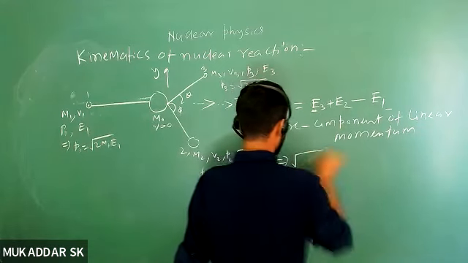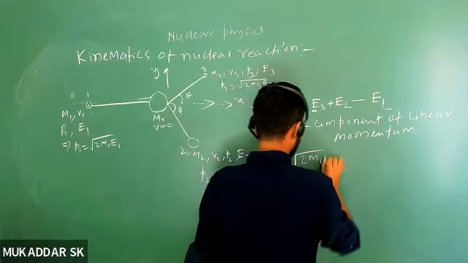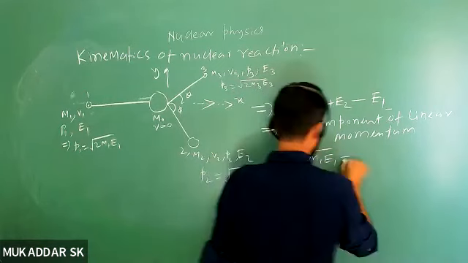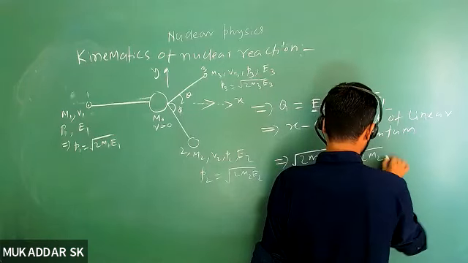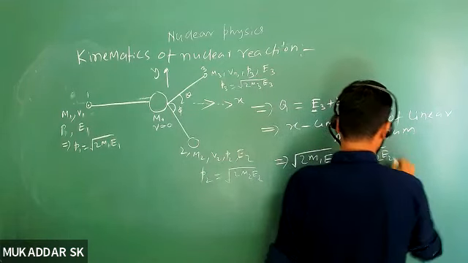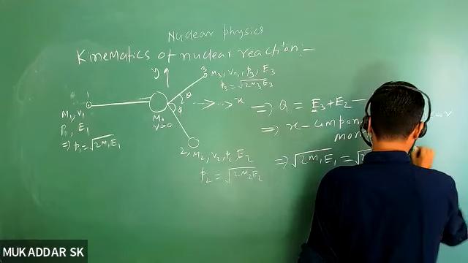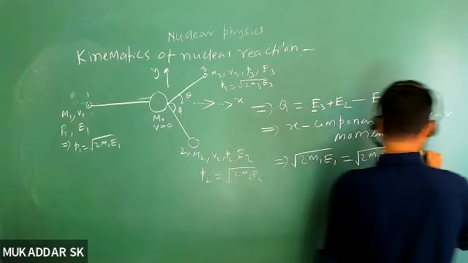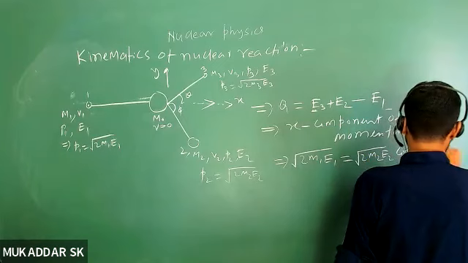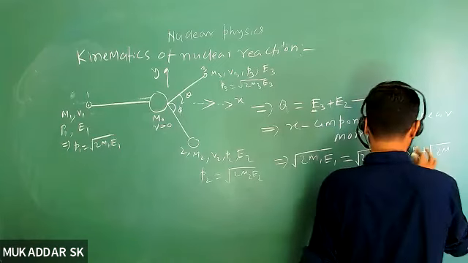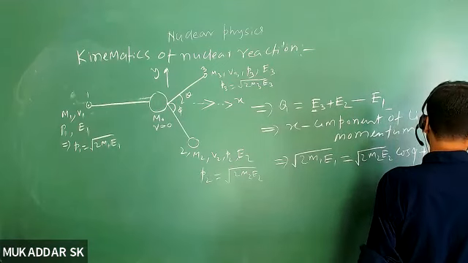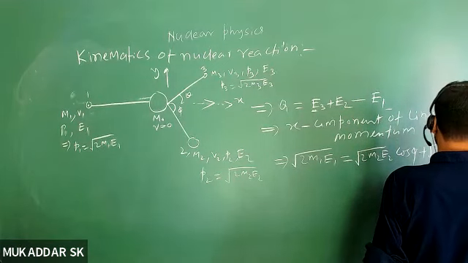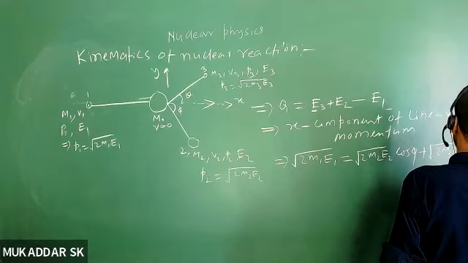Root over twice m1 E1 should equal root over twice m2 E2 cos phi plus root over twice m3 E3 cos theta.